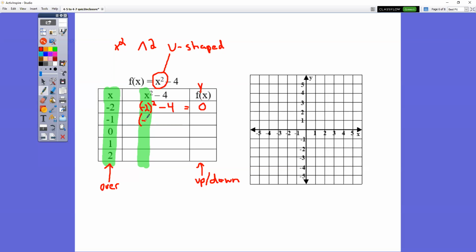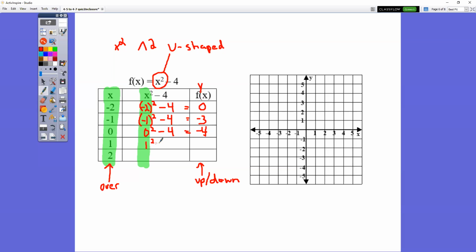Then instead of -2, we have -1 squared. Again, negative numbers have to go inside parentheses. So -1 squared is -1 times -1, which is +1. 1 minus 4 is -3. Then we have 0 squared. 0 times 0 is 0. Minus 4 is -4.